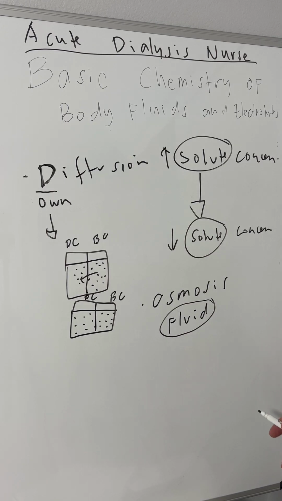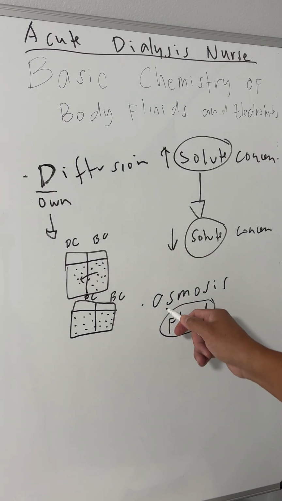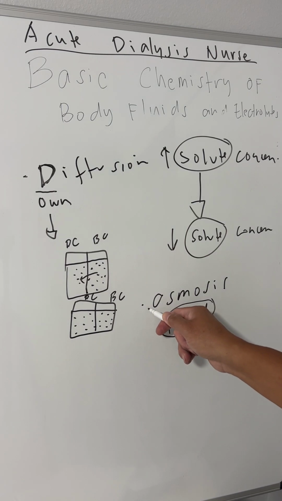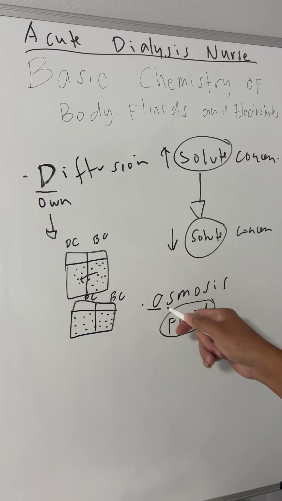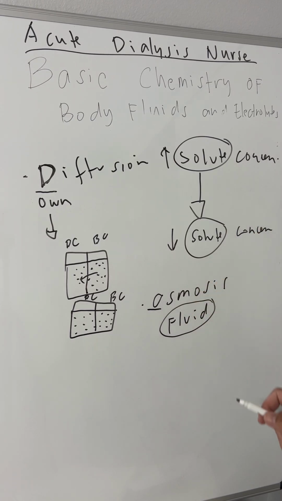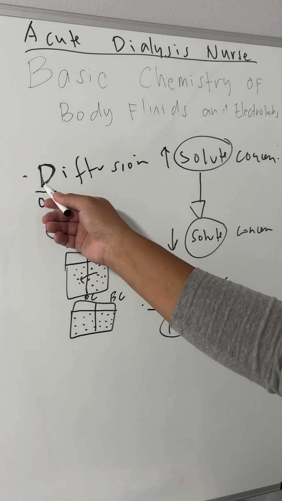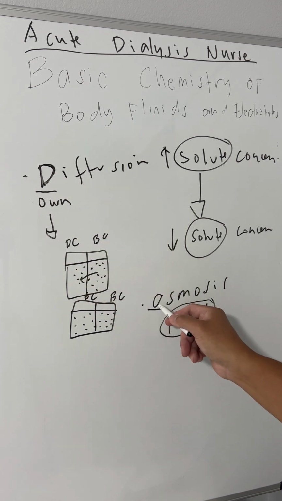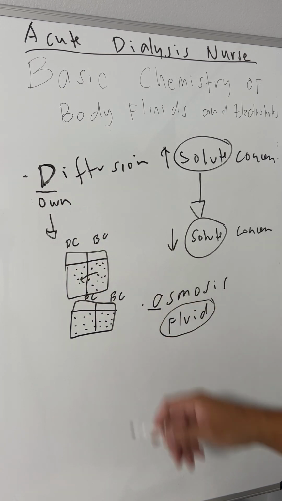So fluid moves. If you're having a hard time remembering, O, imagine that is you. O, up, up. It's going up. So that's your term. If in case you're having a hard time remembering it, diffusion is going down, osmosis is going up.